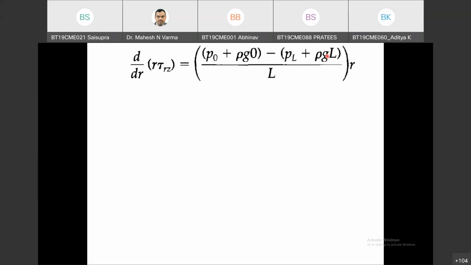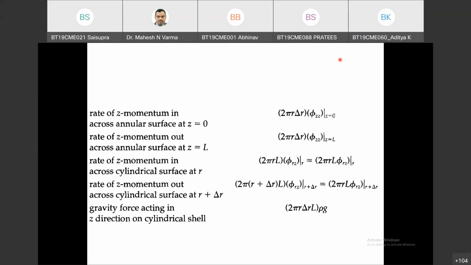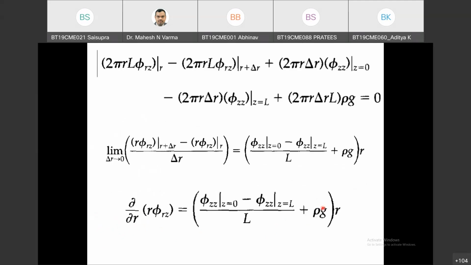Try to rearrange this. The only difference as compared to the previous problem is that you need to take minus of G. The gravitational force acts in the Z direction, or in the direction of flow. Flow direction is in the Z direction, and the gravitational force acting will be minus of G. You take minus of G and do all this rearrangement as we have done in the previous problem.